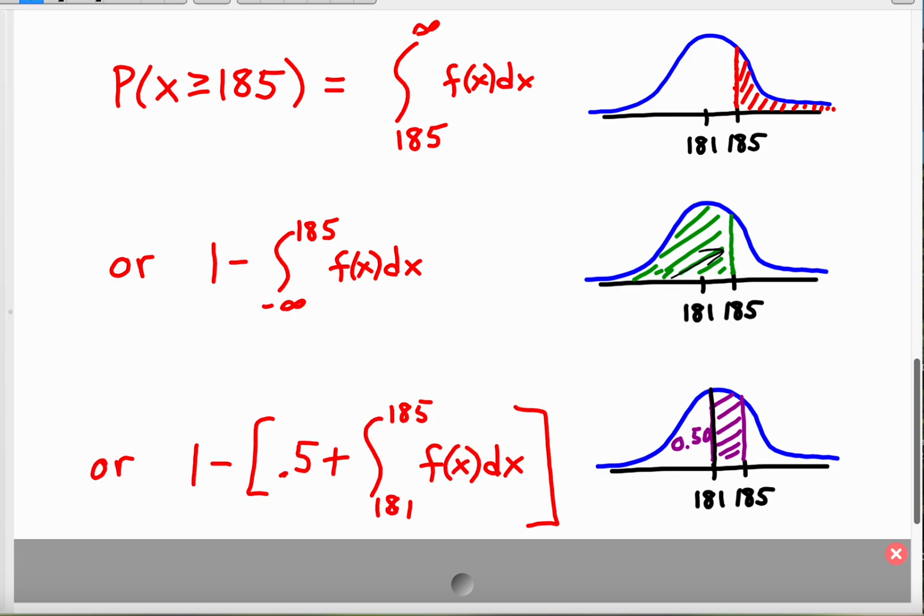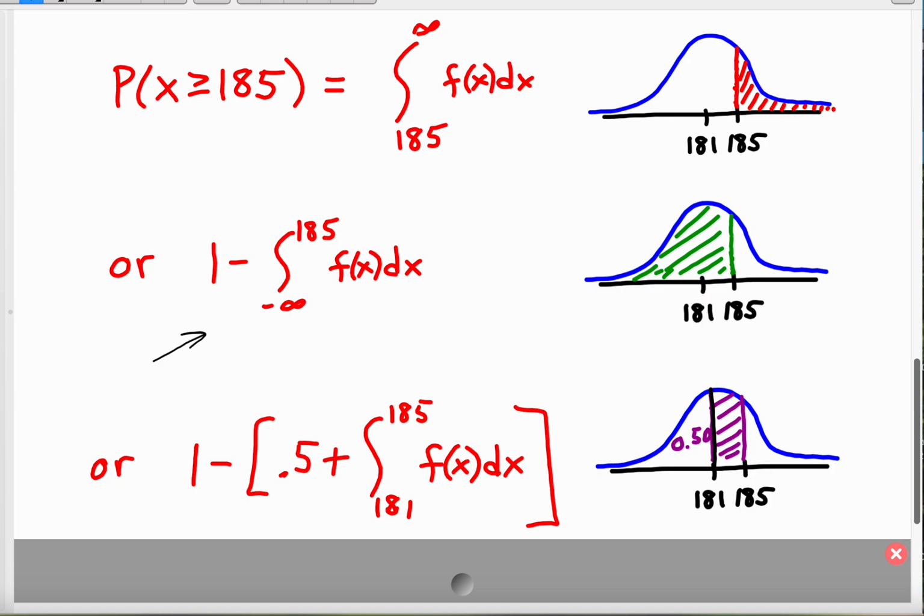Or another way to think about it is over here. We know that from 181 to infinity is 50%, so I could just subtract the integral from 181 to 185, this thin strip here, from 50% and get what's left here. If I simplified this, that would wind up being 0.5 minus the integral from 181 to 185.